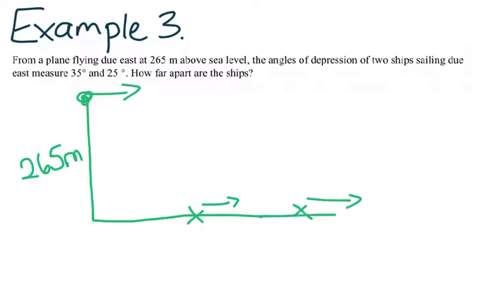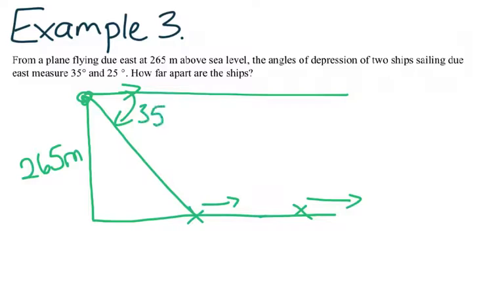And then we've got two pieces of information this time. So it says the angles of depression to the two ships. We've got one that's 35 degrees, so I'm going to join that one there, and I'm going to put this angle in here as 35 degrees. But then I'm going to draw in another line in red out to the next ship, and that's going to be 25 degrees.